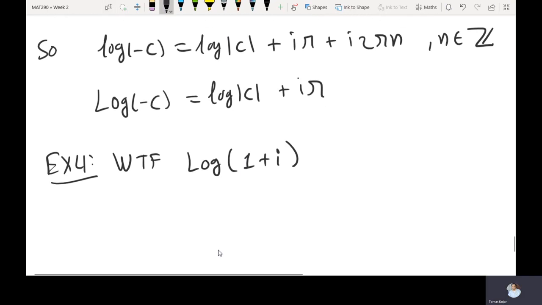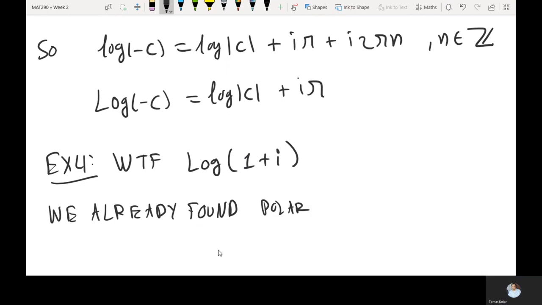We already found the polar form. 1 plus i is square root 2 e to the i pi over 4.